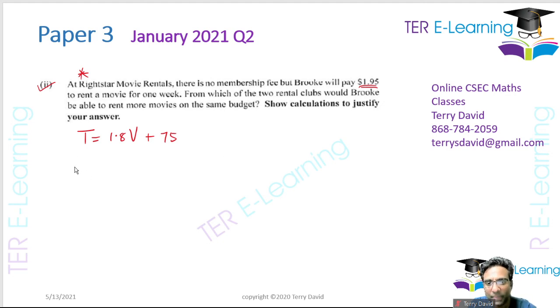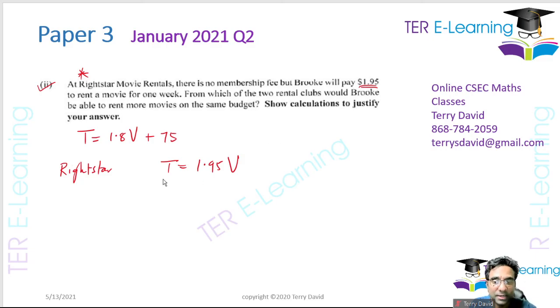So for RightStar, your total cost in this scenario is going to be 1.95 multiplied by V. There's no yearly fee, so there's no 1.95V plus something.